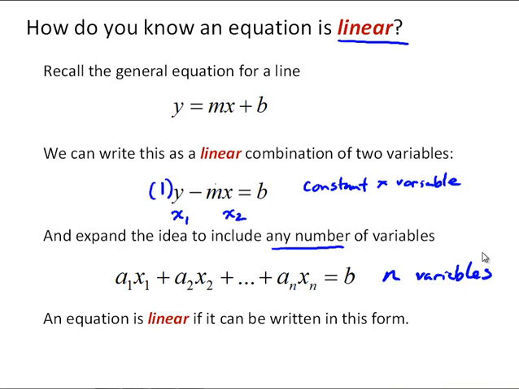And when we have n variables, we'll have n constants. So an equation is linear if it can be written in this form, even if it is not initially presented in this form. You might be able to do some algebraic manipulations to get it in this form.